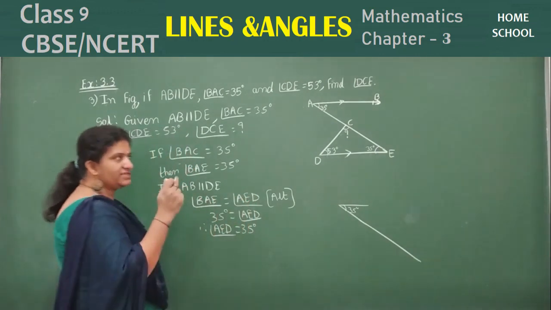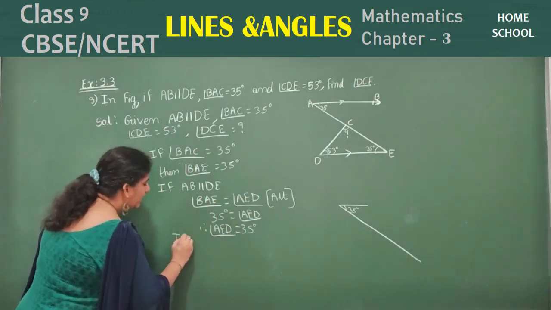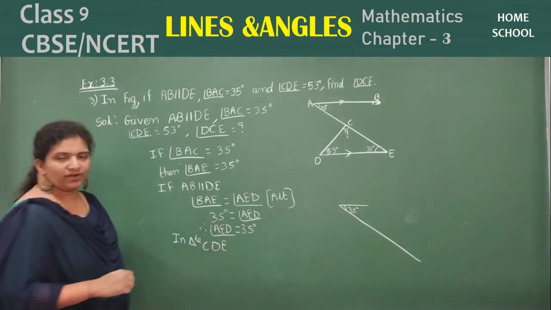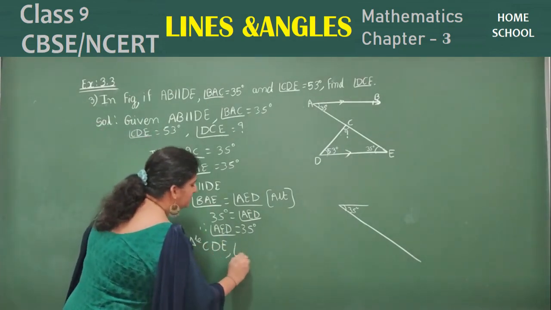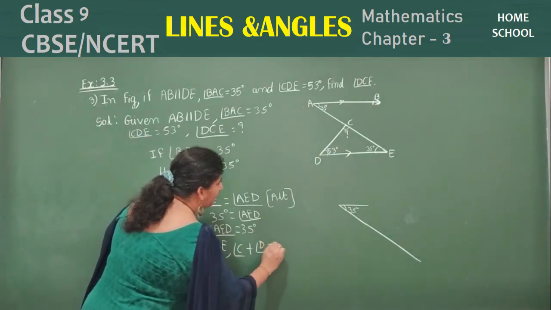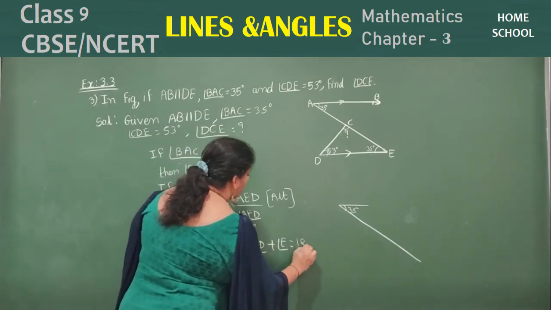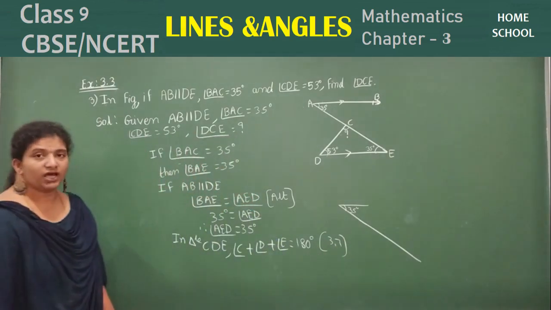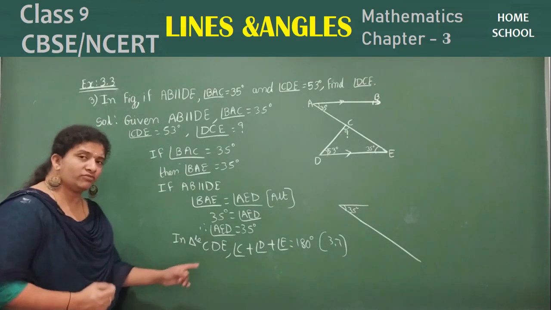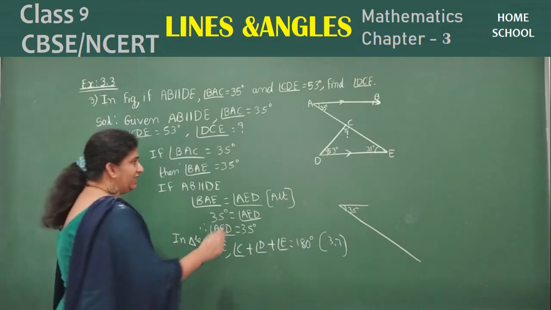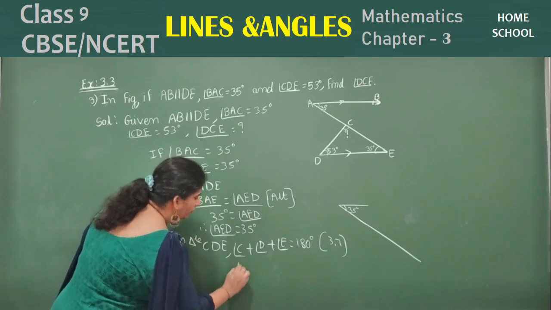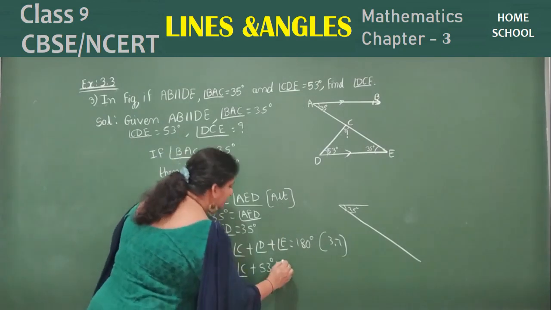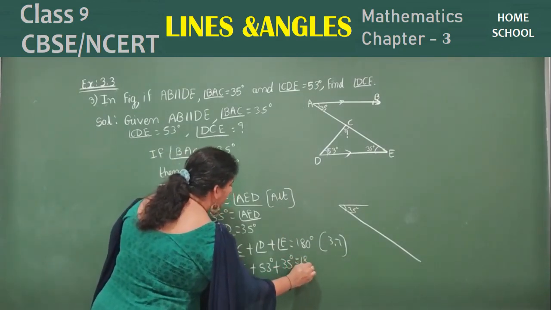So now, next step, consider the triangle. In triangle CDE, what you can say here? Angle C plus angle D plus angle E is equal to 180 degrees. How can you say? By theorem 3.7. The sum of the angles of a triangle is equal to 180 degrees. Angle C, we don't know, plus angle D, 53 degrees, plus angle E, 35 degrees, is equal to 180.